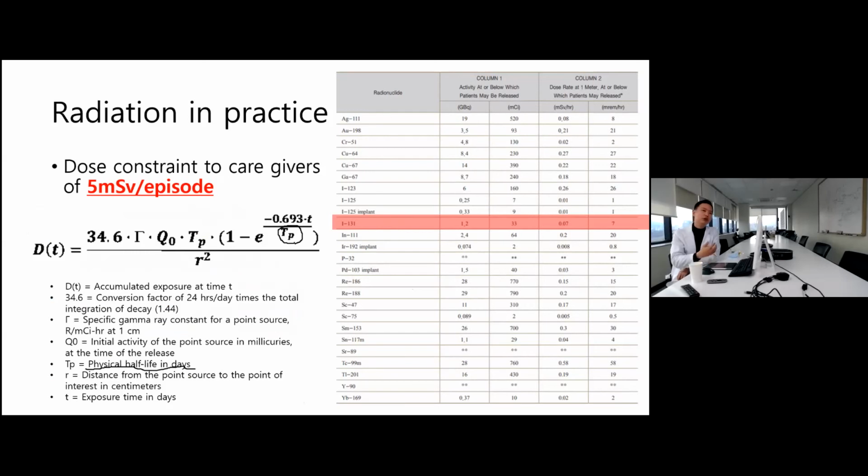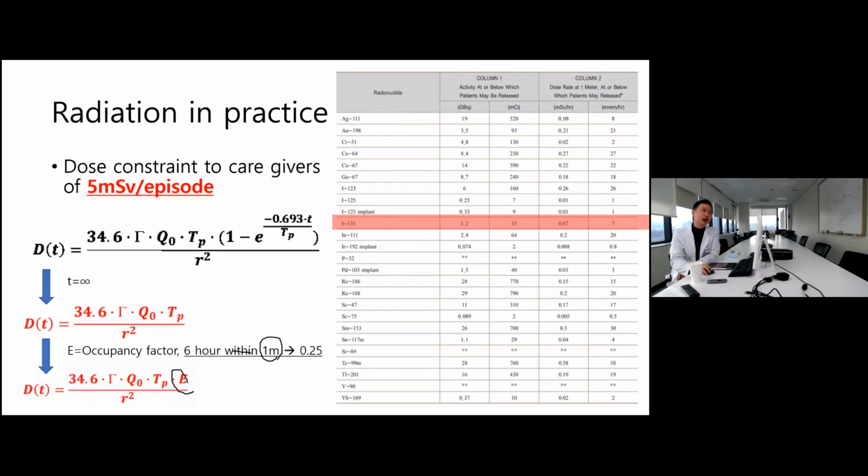So there is no consideration of any biological half-life of iodine-131. For individual application of such dose prediction or dose rate prediction, there is a need to apply the biological half-life.